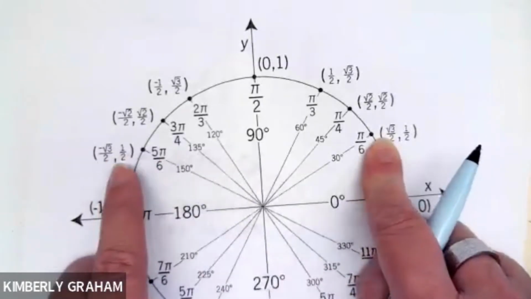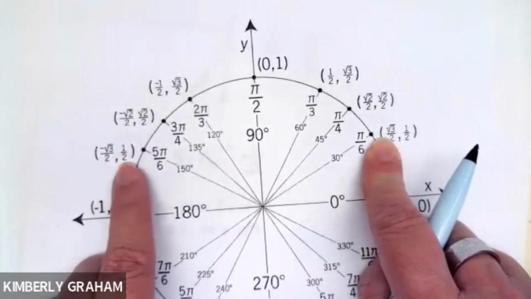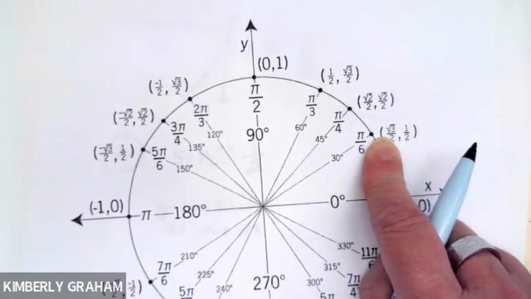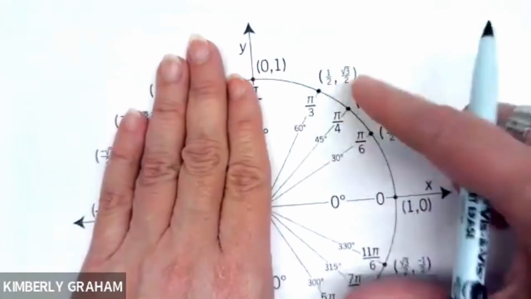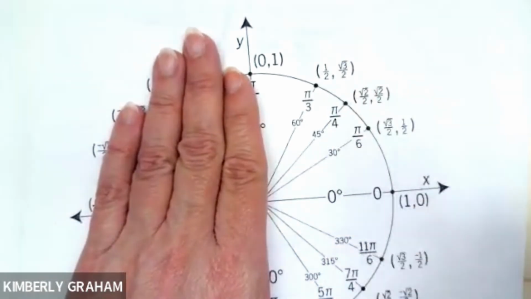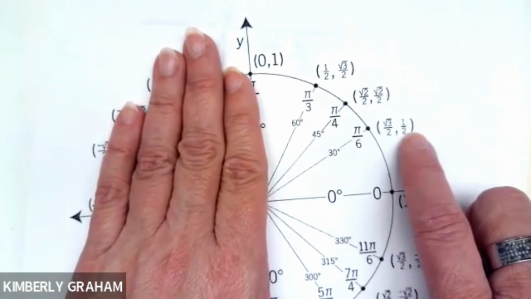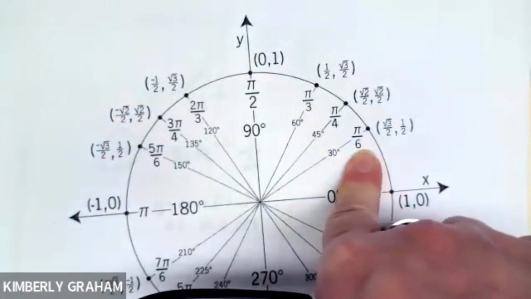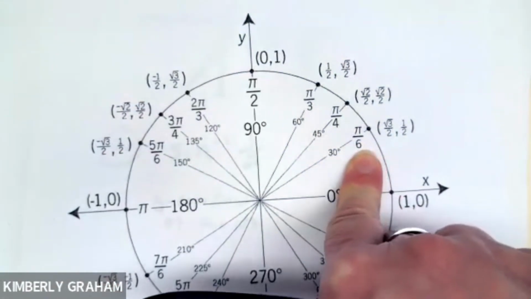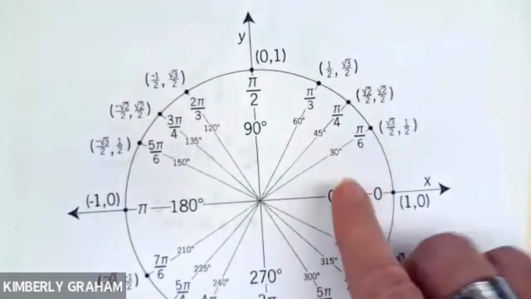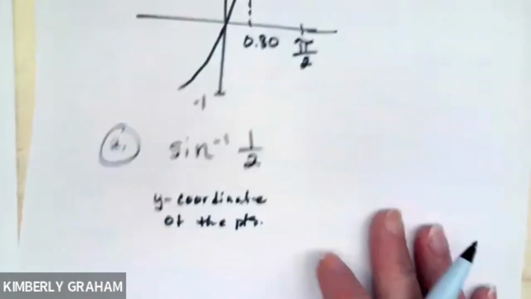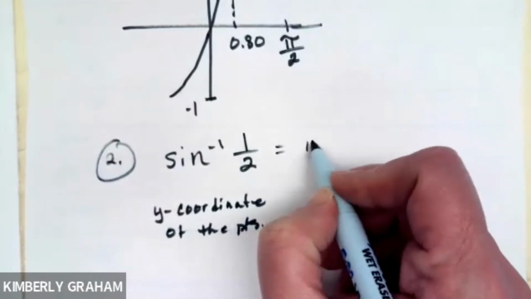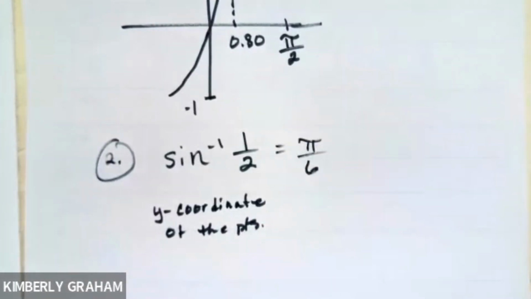Now, notice that there's a point over here that also has a y value of 1/2, but I'm restricted to these two quadrants. So the point that has the 1/2 is this angle here of pi/6, and that's an acute angle. That's part of my domain and range here. So this is pi/6 for my answer.